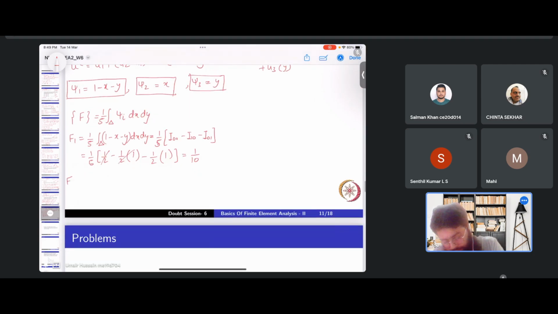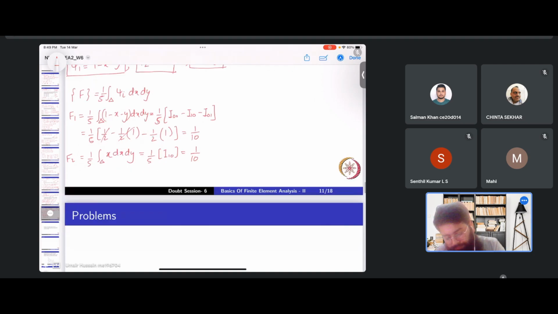Alright, so for F2 we have 1 by 5 times the integral of x dx dy, which is 1 by 5 times I10. And I10 we already calculated is half, so 1 by 10.